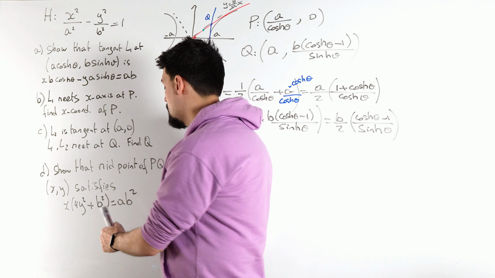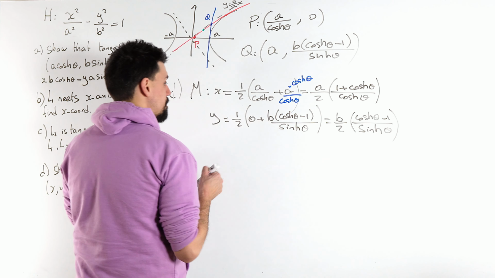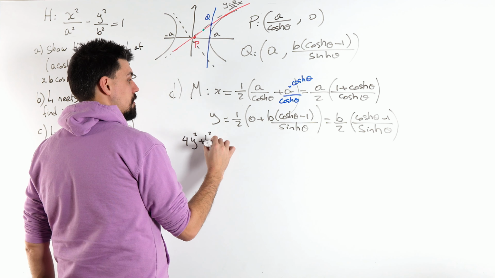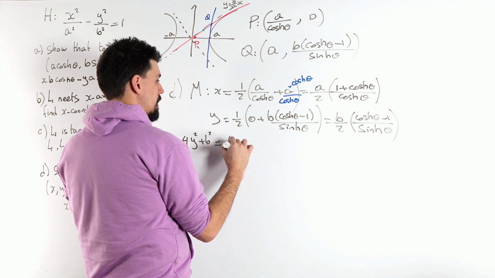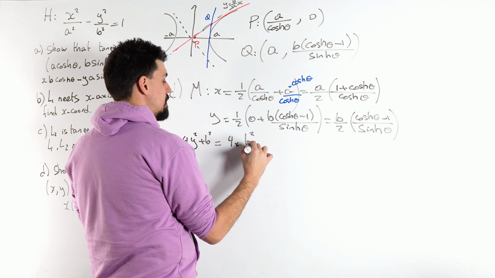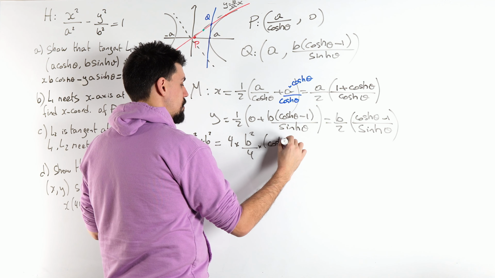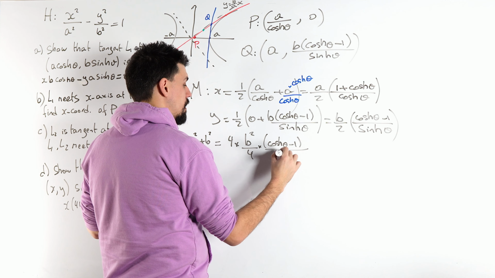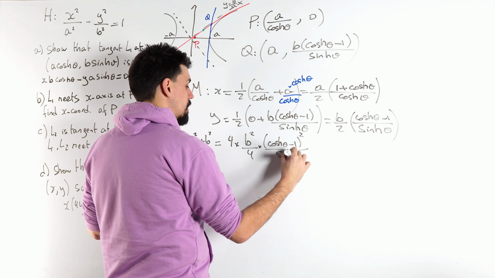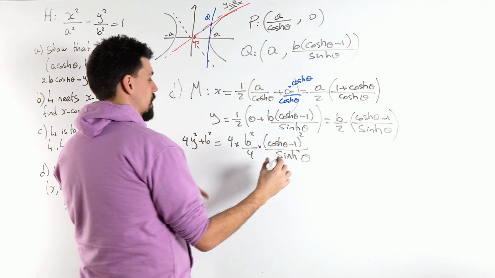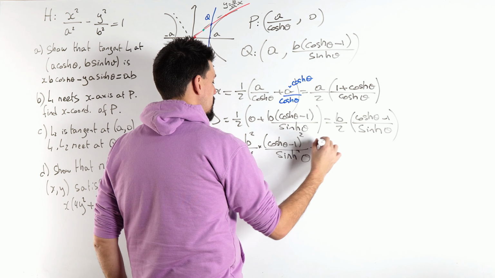So let's start with this. 4y squared plus b squared is equal to what? That is 4 times b squared over 4 times (cos theta minus 1) squared over sine squared, plus b squared.